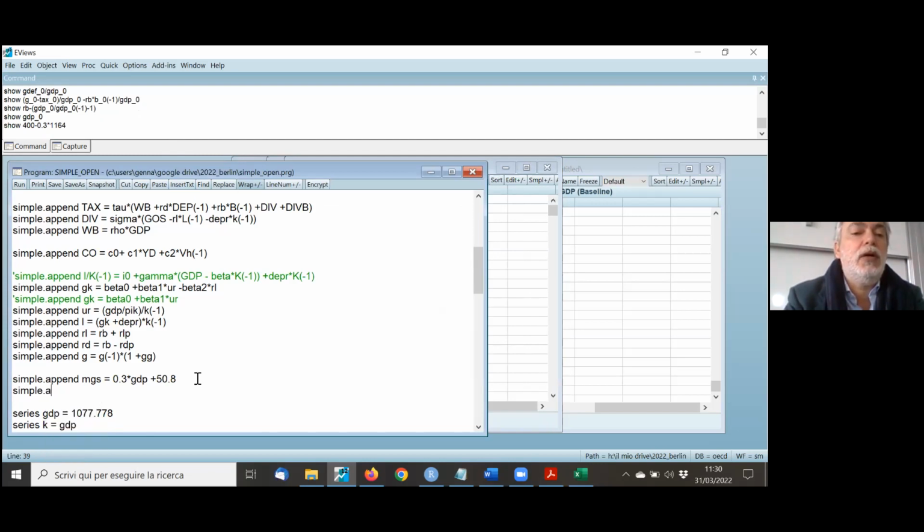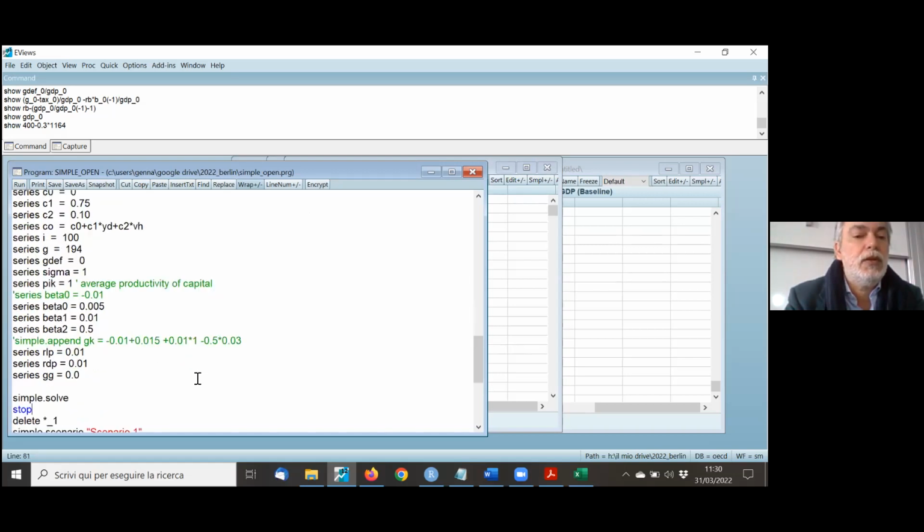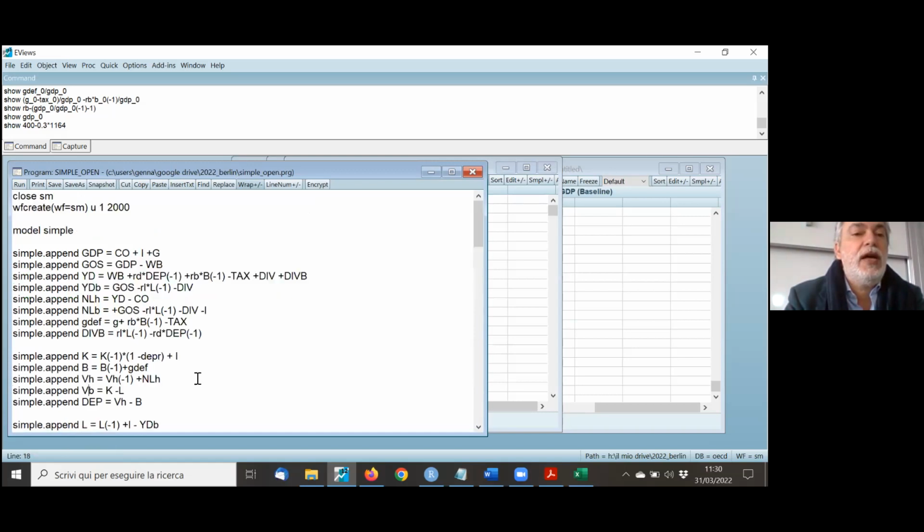We want exports to be exogenous, and now exports will be 400, so we'll have XGS equal to 400. And we need to modify the identity of GDP to include exports and deduct imports.